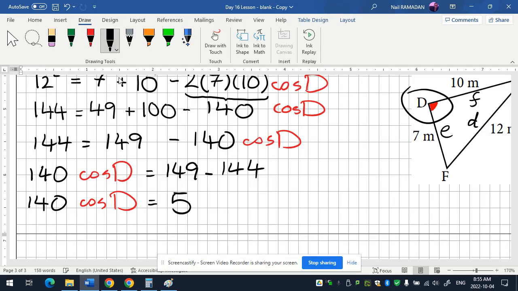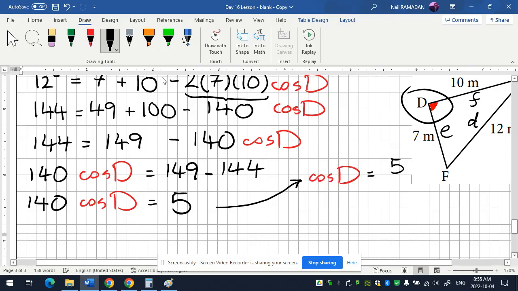All right, what do I do now? Divide. So cosine of D equals 5 divided by 140.